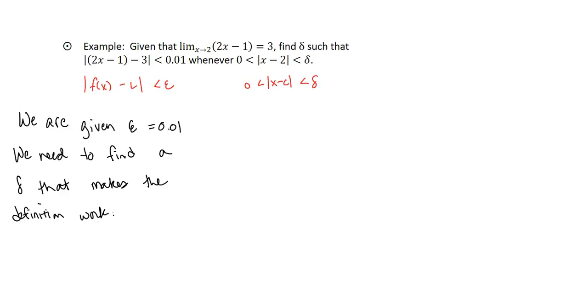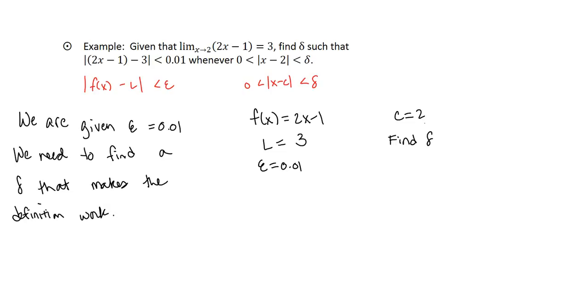Okay, so filling in all the pieces, f of x here is 2x minus 1. The L is going to be 3, because that's the L right here. The epsilon is 0.01, and the c is 2, and we need to find delta.